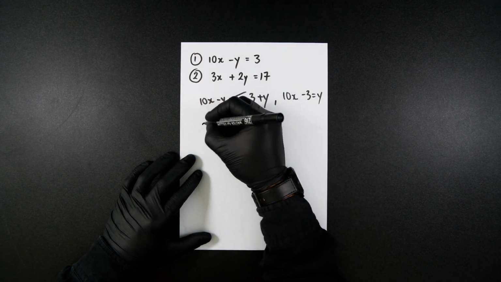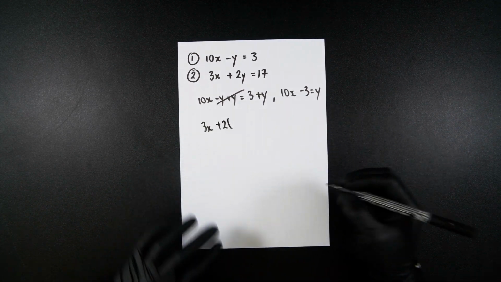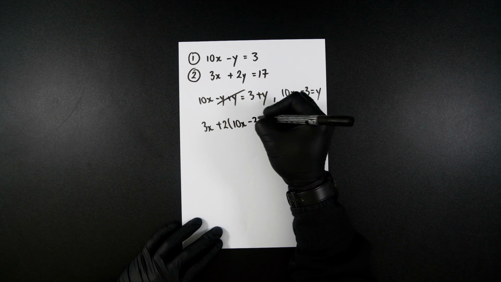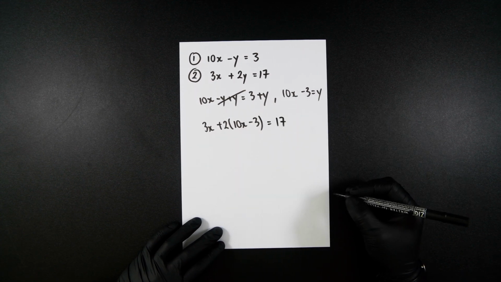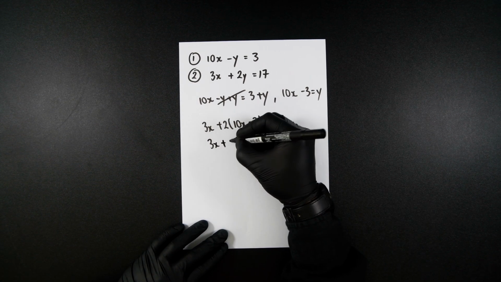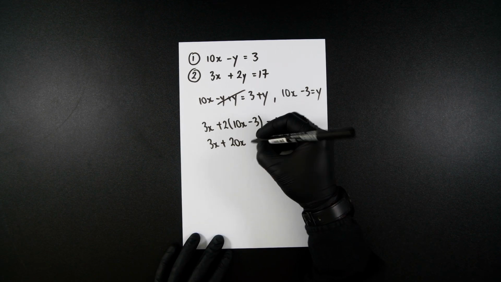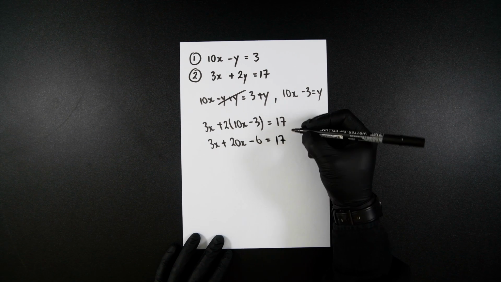So let's take 3x plus 2 and substitute in 10x minus 3, which all equals 17. We can expand the brackets. So we're going to get 3x plus 20x and 2 times minus 3, which is minus 6, which equals 17.